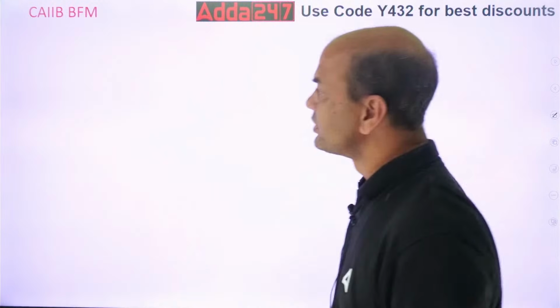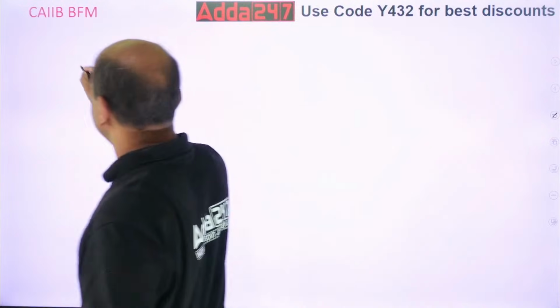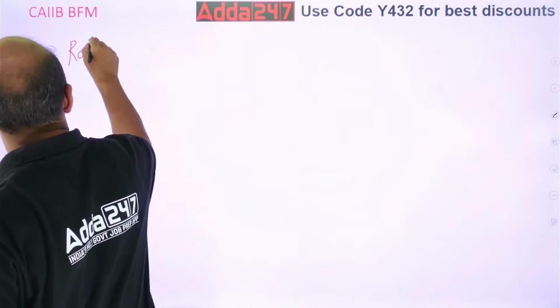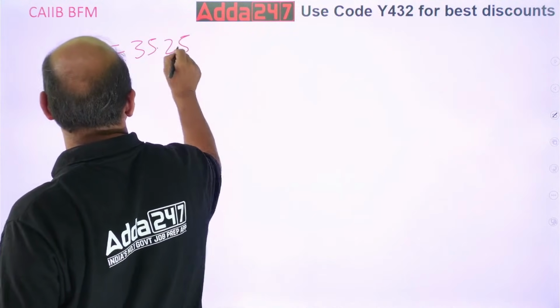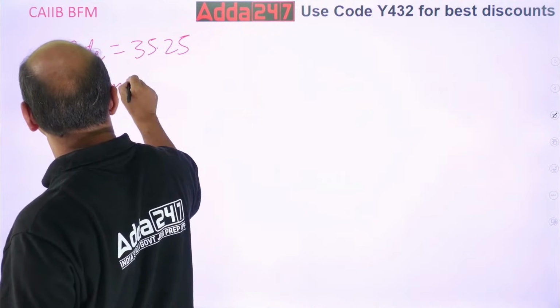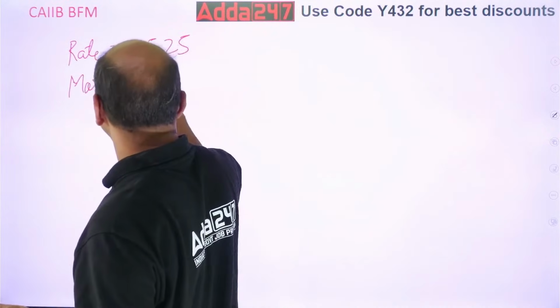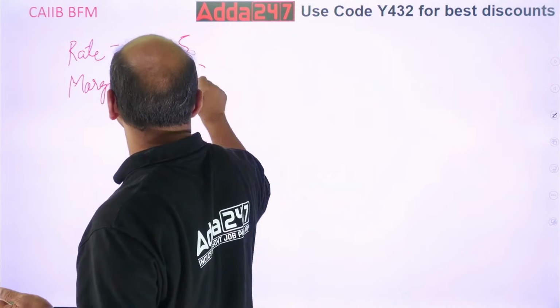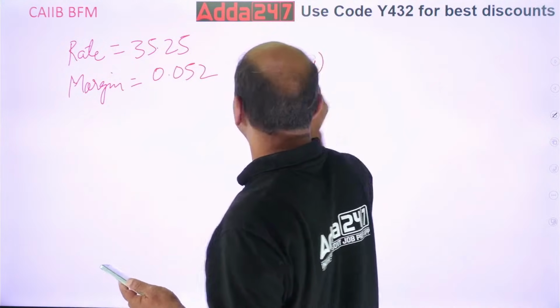So now TT margin is, see this. What was my rate? Rate was 35.25. And what was that TT margin? It was 0.052. You are doing a buy transaction. You are buying it. For buying, what did I tell you?